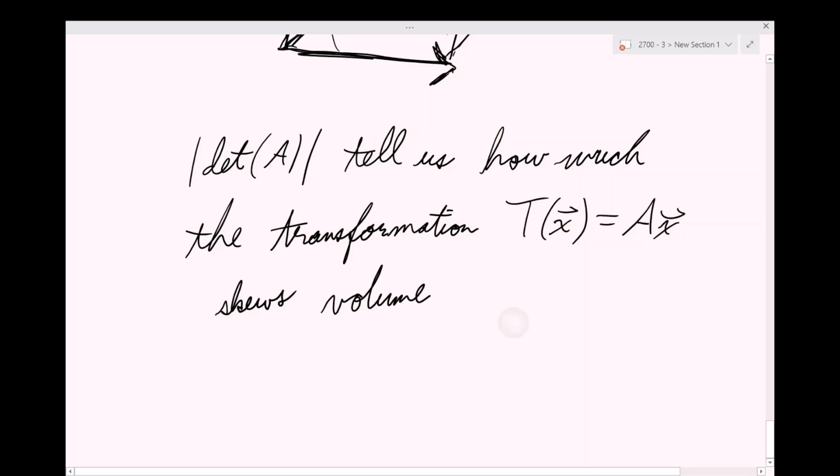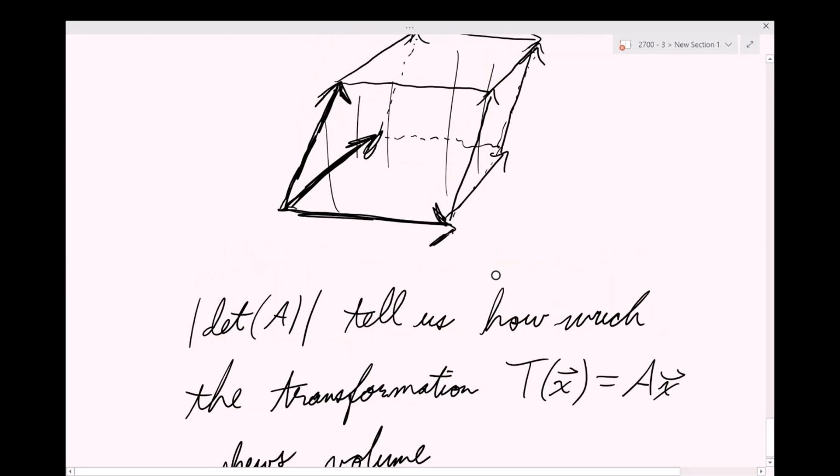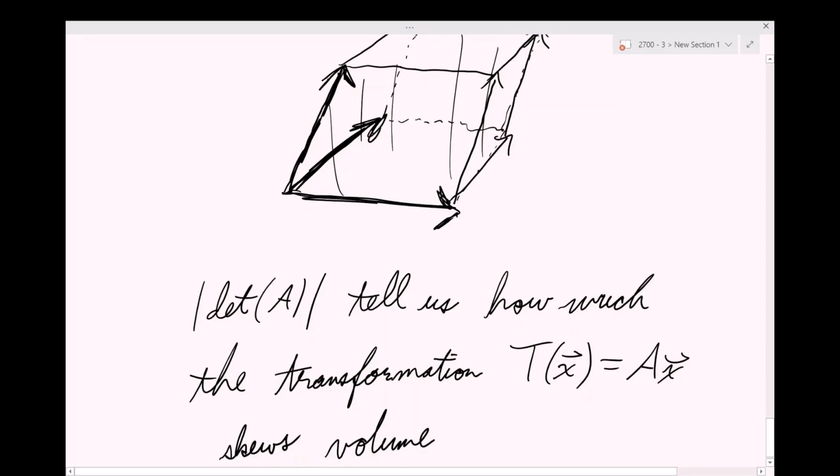So if I take, say, some box or a sphere or some kind of 3-dimensional shape and I apply that transformation from R3 to R3, it'll tell me how much the volume of that figure is going to change after that linear transformation, which can be handy.